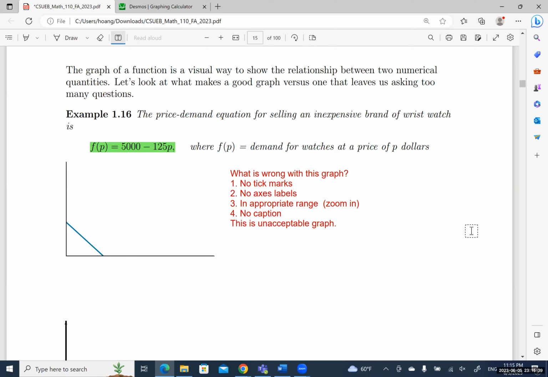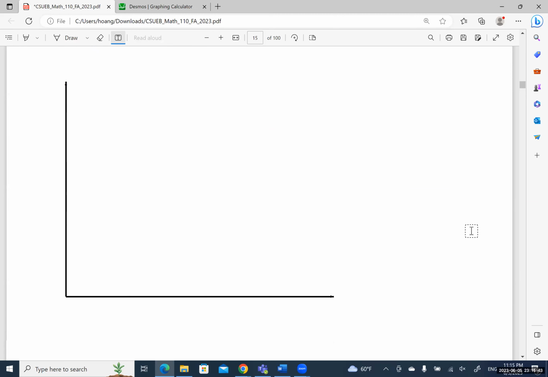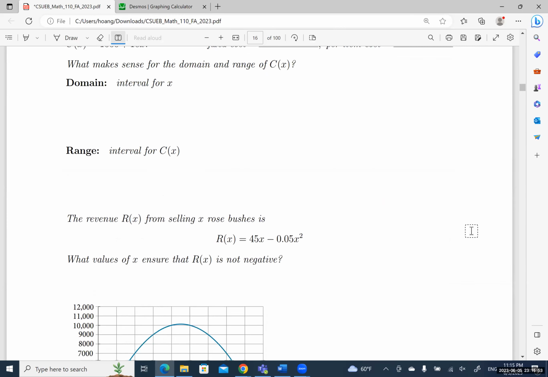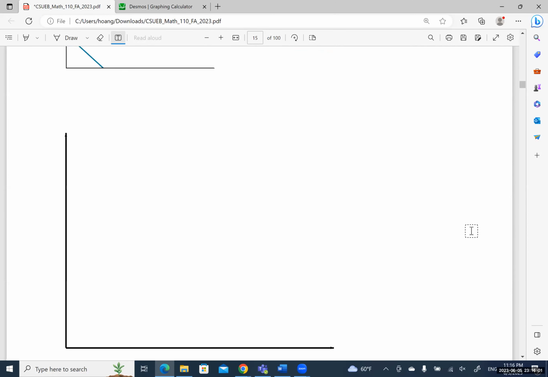Now, let's take a look at the second one. So how do we make this become a better one, right?